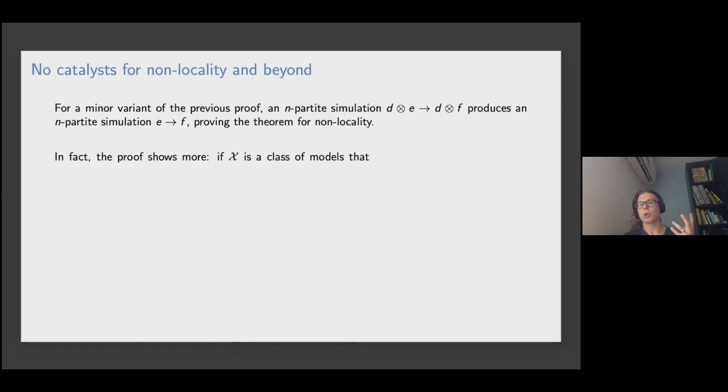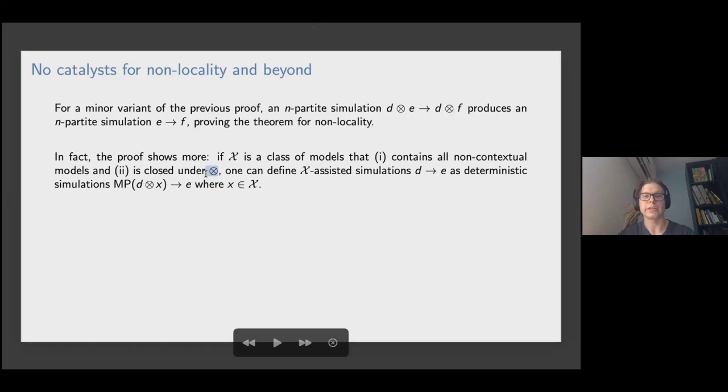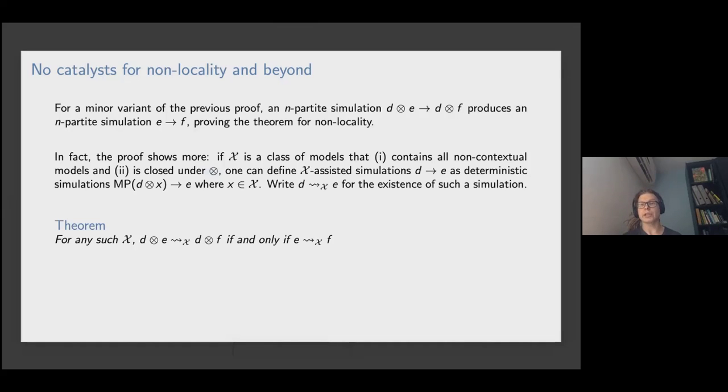Here we always had a requirement that the shared resource that you can use for randomness is non-contextual, but actually you could take any class of models that contains all non-contextual models and is closed under tensor product, and then you could just declare those to be your resources and get the notion of X-assisted simulation. So you could think of, for example, quantum-assisted simulations. And the upshot is that the theorem still goes through pretty much with the same proof.